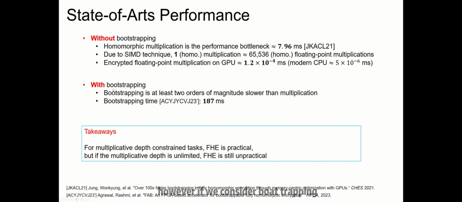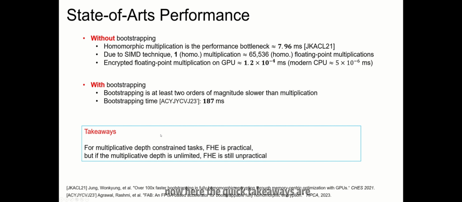However, if we consider bootstrapping, the bootstrapping is much slower than the homomorphic multiplication, at least 2 orders of magnitude slower. And the best result on FPGA is that we can do bootstrapping in 187 milliseconds.